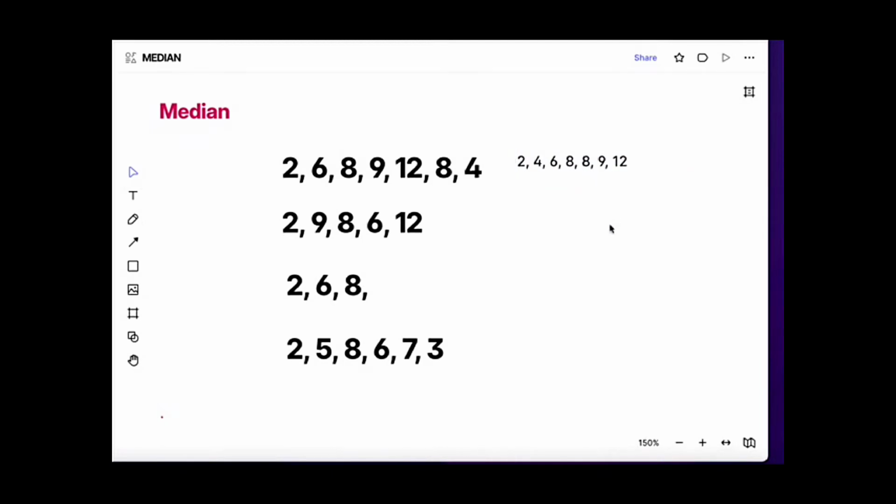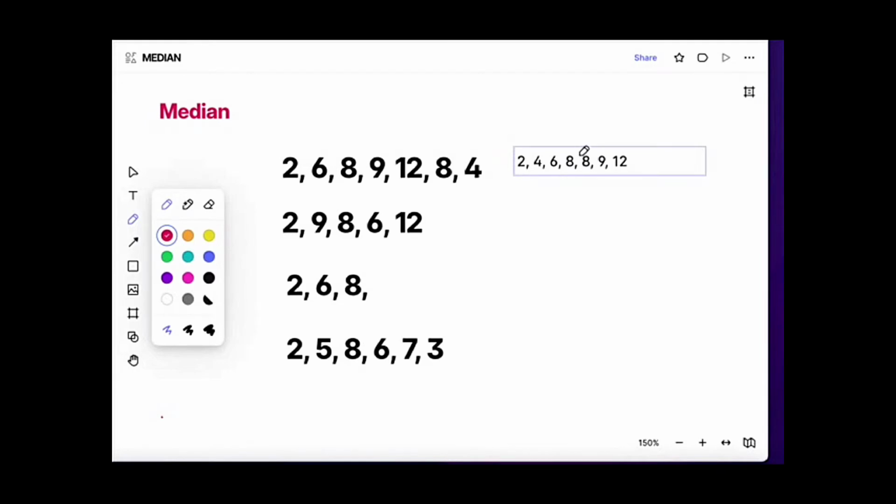All right, so once we've done that, the next step is we gotta look at which one is the number in the middle. So when you look at that list, which number is right in the middle? Okay, so I'm gonna grab our little crayon here, and if we look at our data set, the number right in the middle is this one right here.